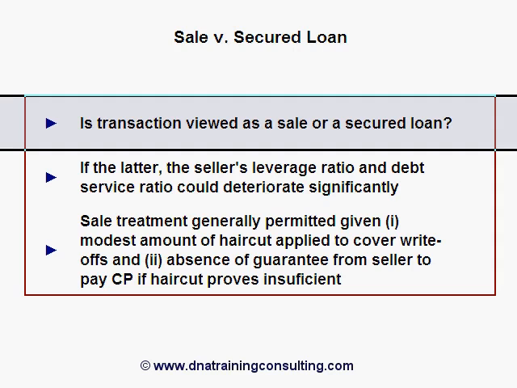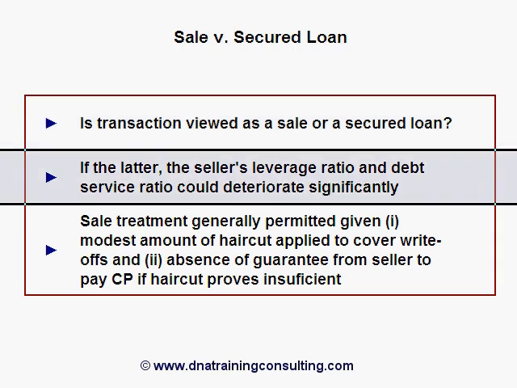The latter treatment, as we have discussed previously, would result in an increase in the seller's leverage ratio and deterioration in its debt service ratio. We now illustrate this with a specific example.